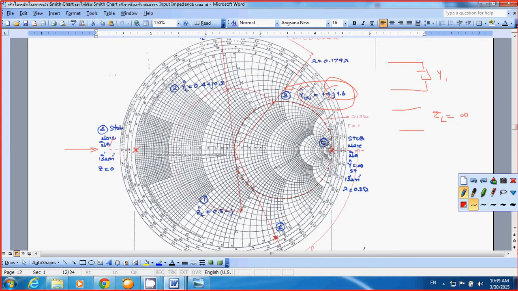So you need to rotate here in the direction of clockwise. You're going to end up with a very long stub, so in practice we're not going to do that. That's why they prefer the short circuit stub. Okay, so that's all about our steps, how to match your transmission line.